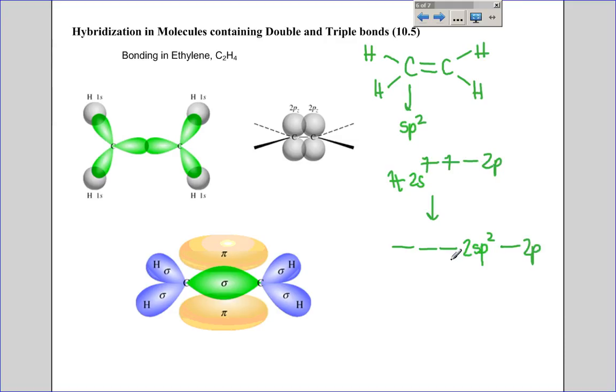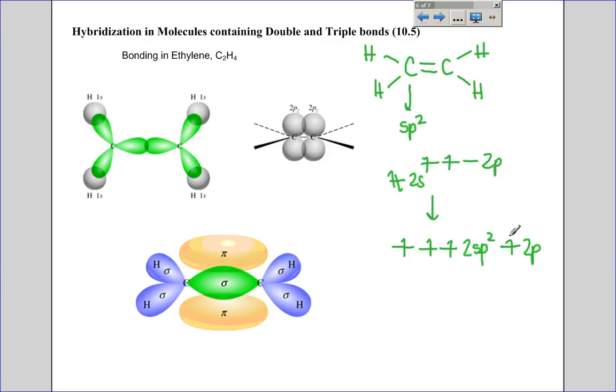And these are all about the same energy, so these 4 electrons distribute themselves in a similar fashion. So what we have in each of these carbons is 3 sp2 orbitals organized in a trigonal planar fashion around the carbon, which is shown over here. So this carbon has 3 sp2 hybrids, and this carbon has 3 sp2 hybrids.